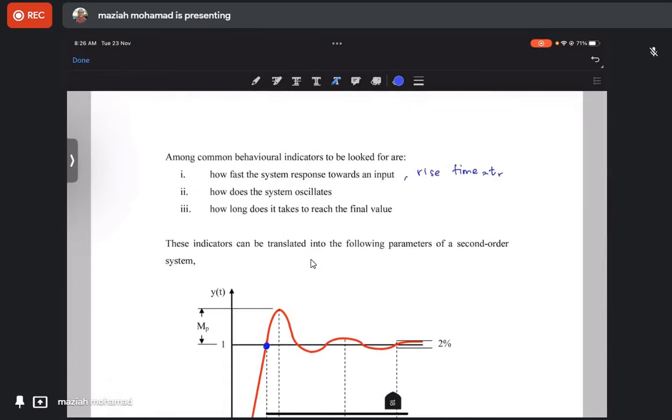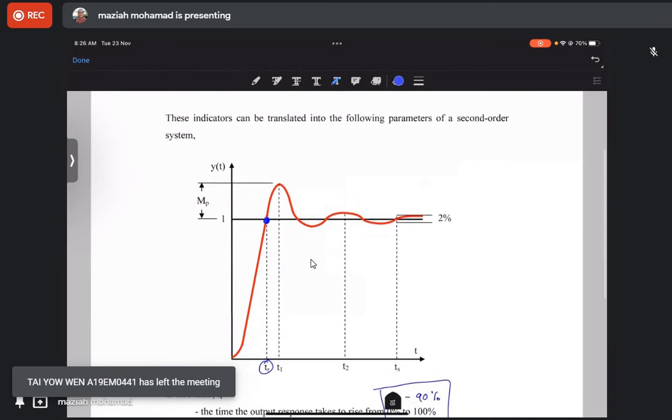The second one is how does the system oscillate? Meaning how much oscillation occurs in the system. This will be given by maximum overshoot and how many peaks there are, which is T1, T2, T3, and etc. Okay, if there are many peaks, then you have T1, T2, T3, T4, etc. So the peaks will explain the oscillation of the system.